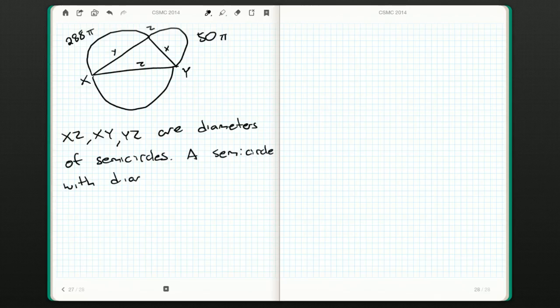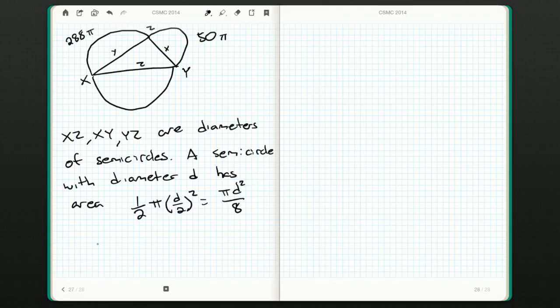And so a semicircle with diameter D has area, well, it's 1/2 of the circle of diameter D, and circle area is pi r squared. So pi r squared, well, r is half of the diameter. So pi d divided by 8. Oh, pi d squared, sorry. Pi d squared over 8. That could have really seriously damaged us.